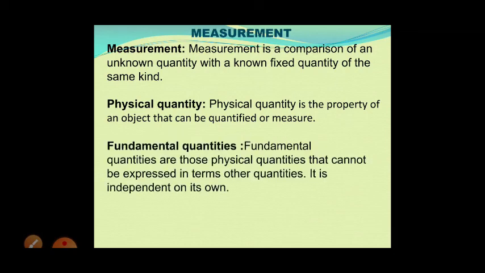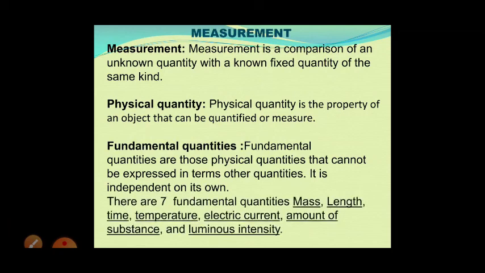There are fundamental quantities and derived quantities. Already you know there are 7 fundamental quantities. These are mass, length, time, temperature, electric current, amount of substance, and luminous intensity. These 7 fundamental quantities do not take the help of any other quantities to measure things, so they are independent.